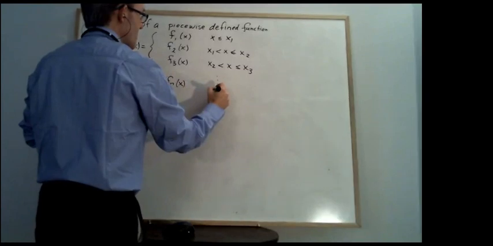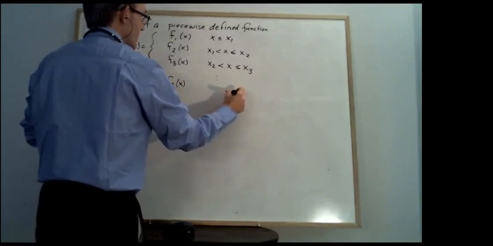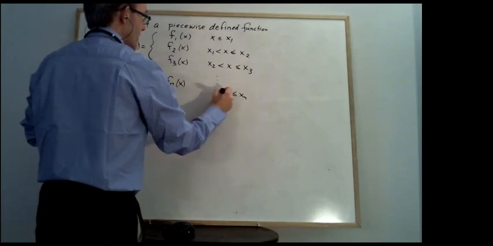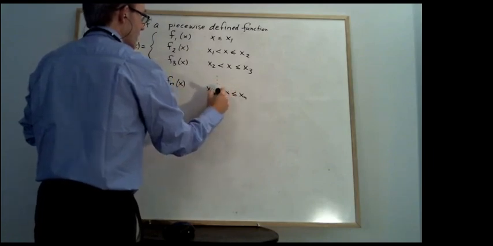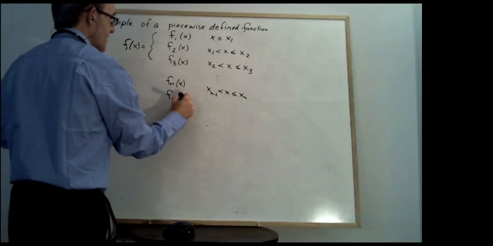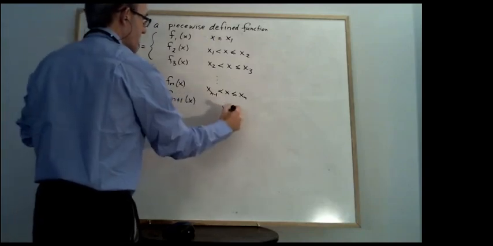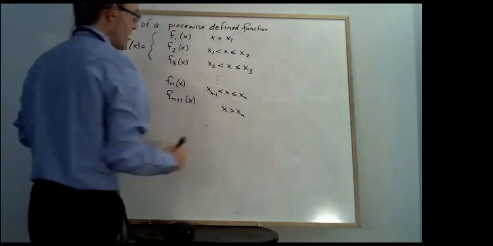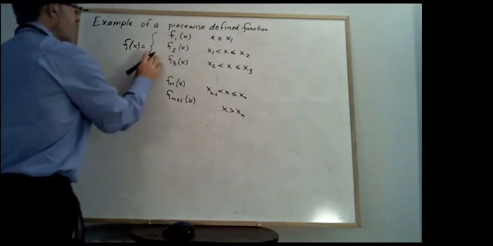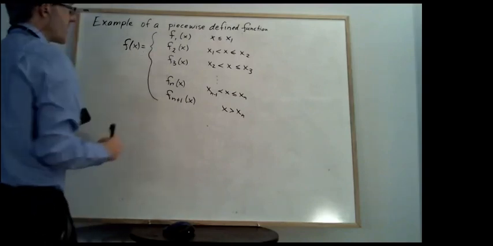You can split this up as many times as you like, and then you need another function, n plus 1, for the rest of the interval, x bigger than xn. So this would be the general situation for a piecewise defined function.